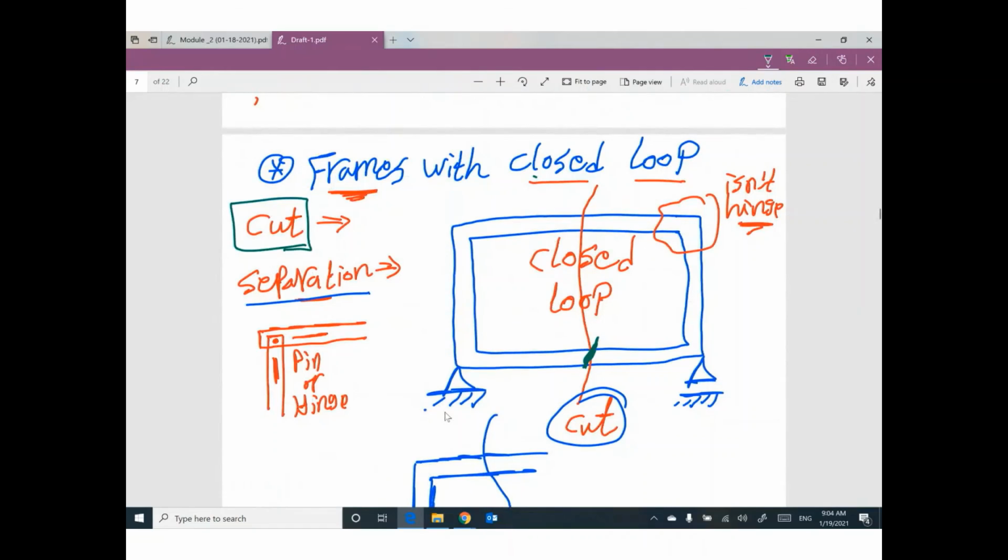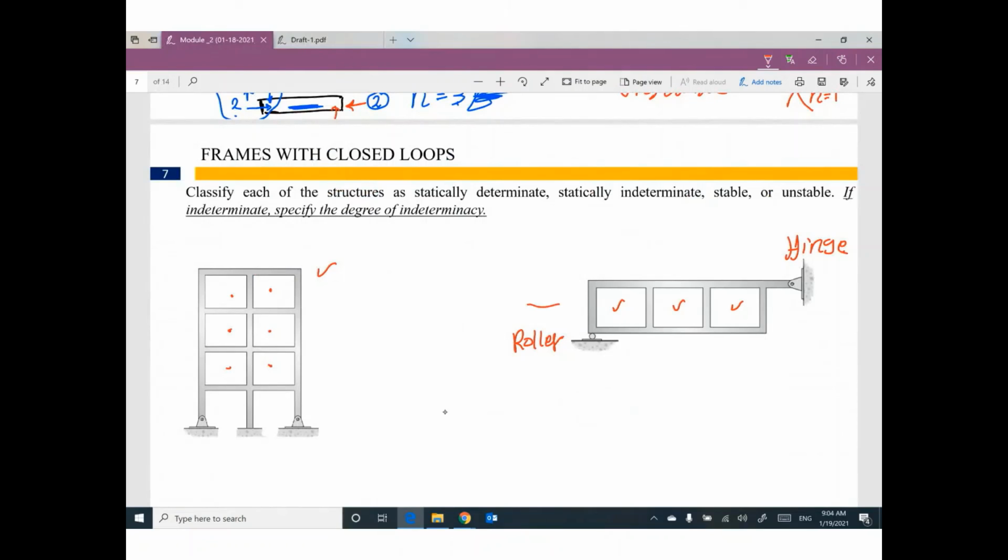The main purpose of cutting the closed loop is to make it open. We need to open this loop, we need to open this loop. We don't need a closed loop. So I will do cut like this. I need to open it.